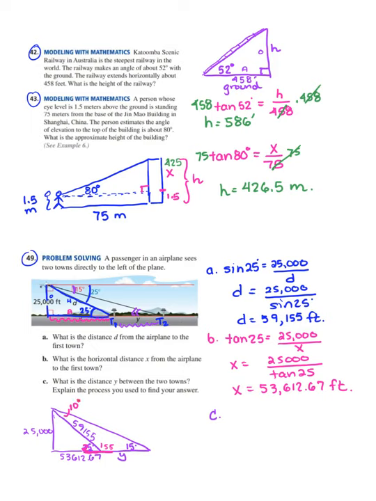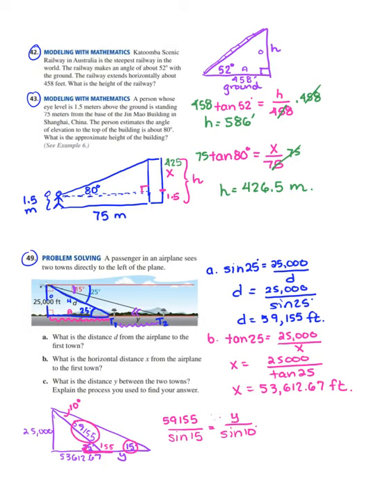This is awesome. So I have a pairing. I have this angle opposite this side. So I know that the sine of 15 is to 59,155 as the side we're looking for is to the sine of 10 degrees.